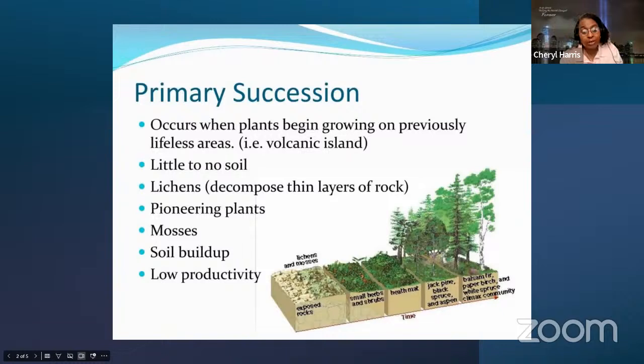So those would be your lichens and mosses. And they're just little kind of green things that kind of sit on top of the rocks. So you have the exposed rocks, and eventually you're going to get these little low vascular plants, okay? And so we call them the pioneer plants because they're the ones that are going to start the succession in that area.